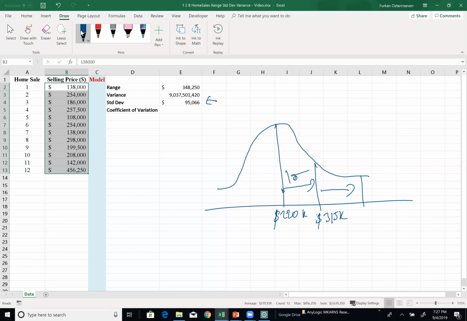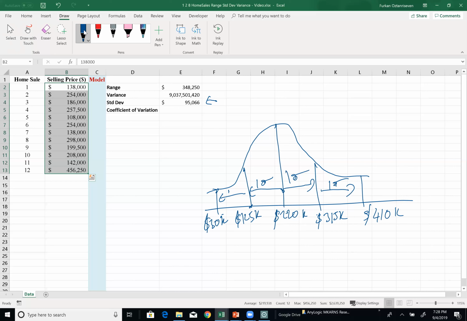So it's around $410,000. Okay, so I go one more standard deviation here. If I go one standard deviation this way, this threshold right here will be around $125,000. And if I go one more standard deviation this way, that value will be $30,000.